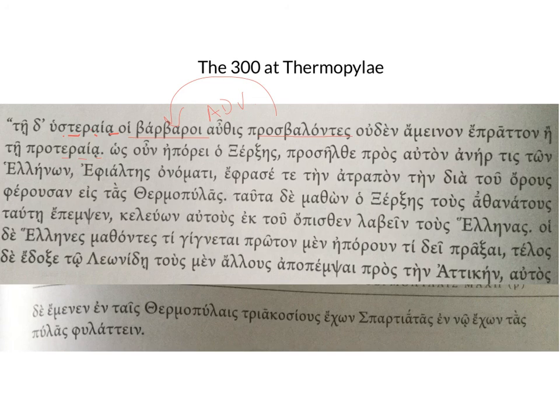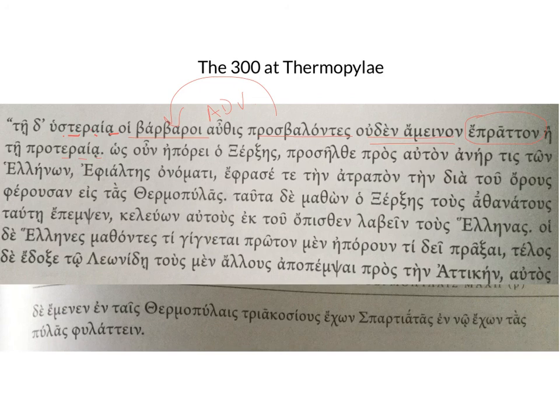What did they do? They epraxan, from the verb prattо, praxo, epraxa. They did. And here we have an aorist, third person plural, active indicative. They did. What did they do? Ouden ameinon. They did nothing better. And we'll come back to what that means.